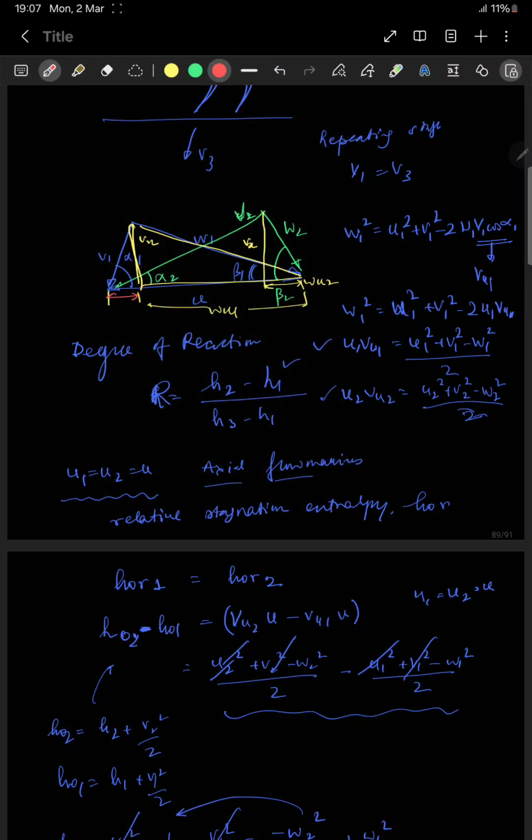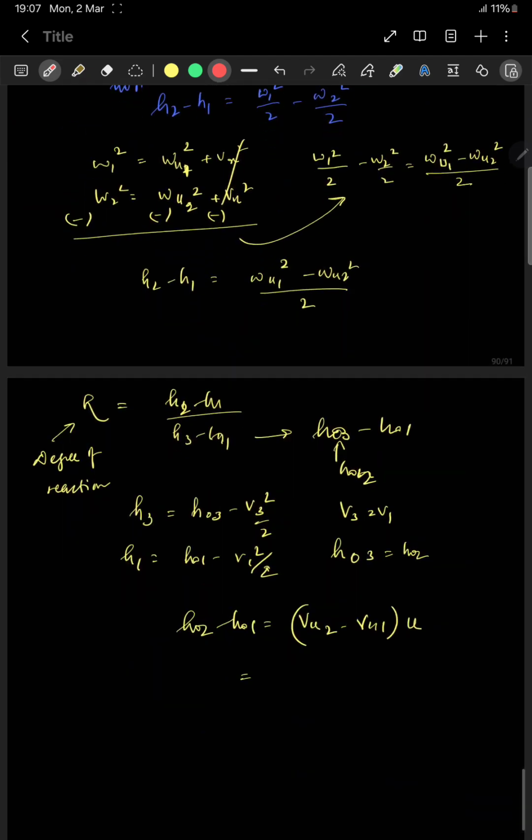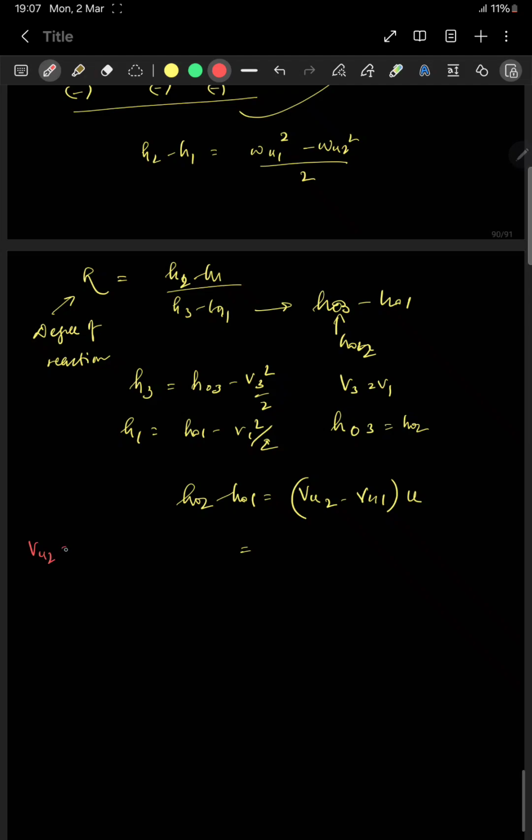This is vu2, so vu2 is u minus wu2. Sorry, this is vu1, and vu1 is u minus wu1. So vu2 is u minus wu2 and vu1 equals u minus wu1.